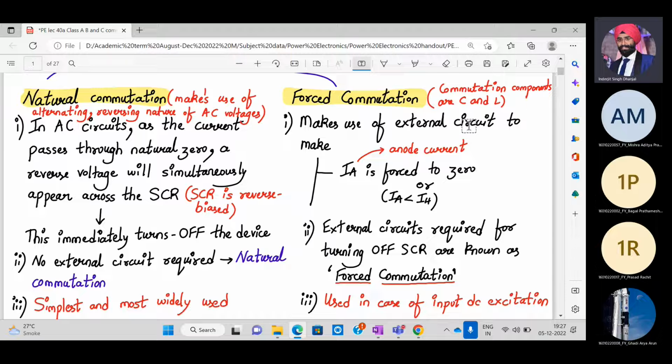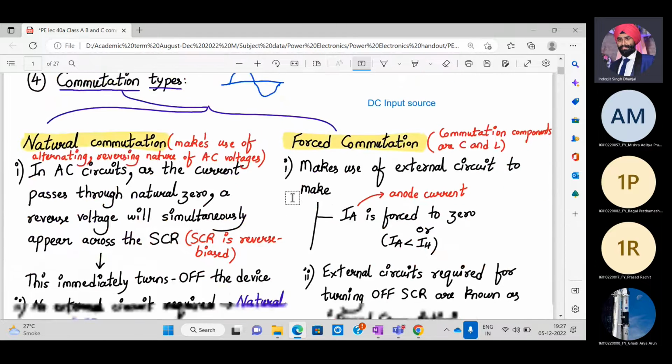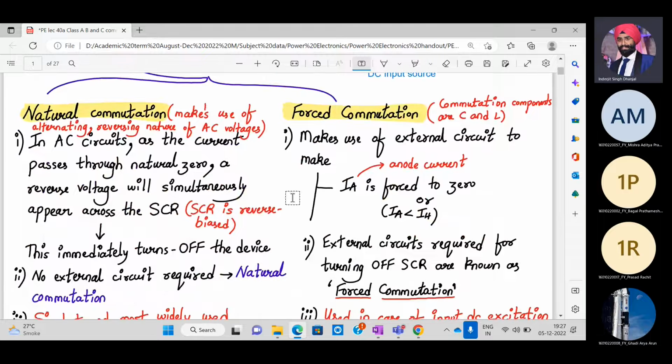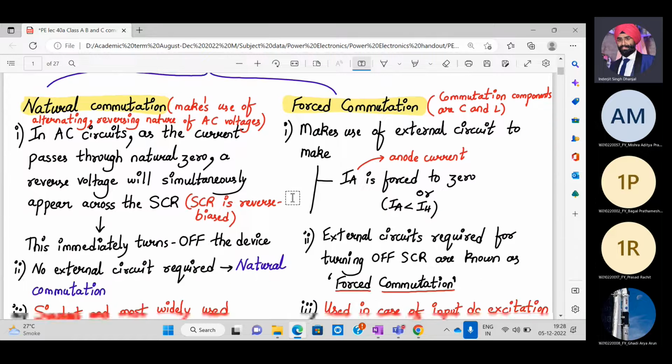That also can be a commutating element. So commutating components along with L and C make up the external circuitry for turning it off. This distinction is very, very important. You should know what natural commutation means, and you should know what forced commutation means. Any doubt on this before I proceed?